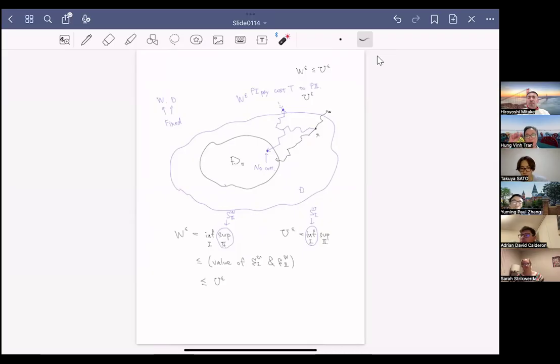Because if you go outside of D, then normally U epsilon would have to pay more than W epsilon. Does that make sense?